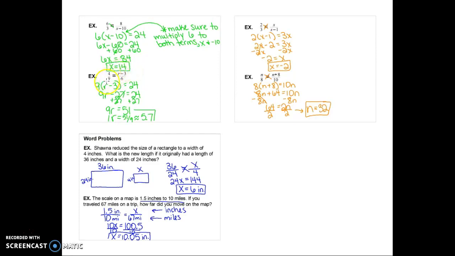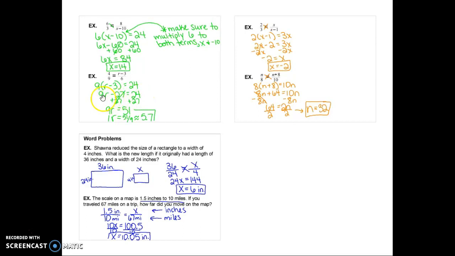And another similar example. We have 9 times r minus 3 when I cross multiply. So I put that r minus 3 in its own set of parentheses to show that I am multiplying the 9 times both pieces. Equals, then 4 times 6 is 24. Now you distribute the 9 into the parentheses. 9r minus 27 equals 24.